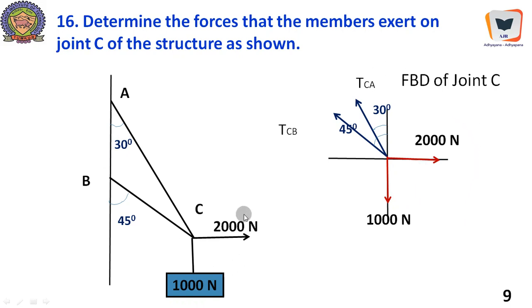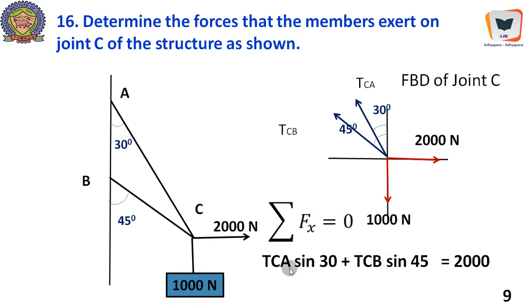It's enough if we analyze the equilibrium, and the system is in equilibrium under the action of 2 active forces and 2 reactive forces. And we will apply sigma Fx equal to 0. We will get TCA sine 30 minus TCB sine 45 plus 2000 equal to 0. If we send 2000 to that side, it will also become negative, so the entire equation becomes negative and they would cancel away.